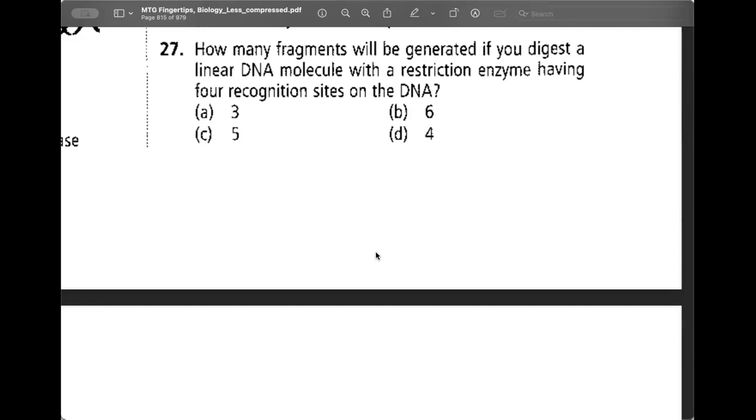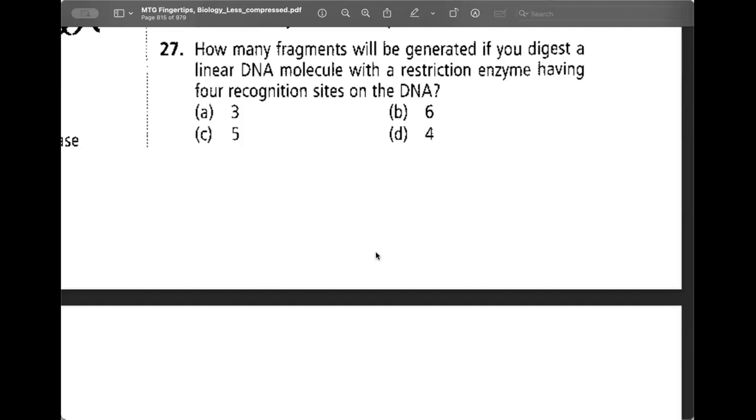So in this case, what are they asking? They are digesting a linear DNA molecule. Now remember one thing. If a DNA is circular, and then you cut it once, it's like a ring. If you make one cut in a ring, how many fragments are produced? One, right?